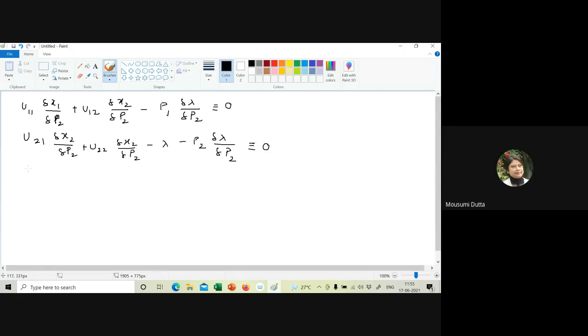Last equation: minus p1 del x1 by del p2 minus p2 del x2 by del p2 equals x2. Ma'am, in the second equation that U21 del x1 by del p2, I said it wrong. Last equation: minus p1 del x1 by del p2 minus p2 del x2 by del p2 is equivalent to x2.